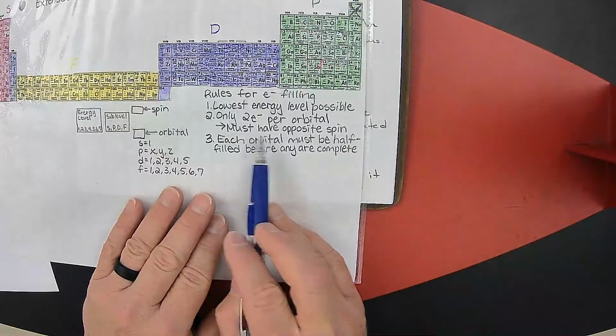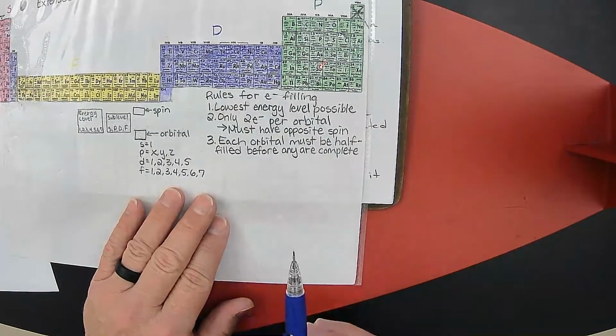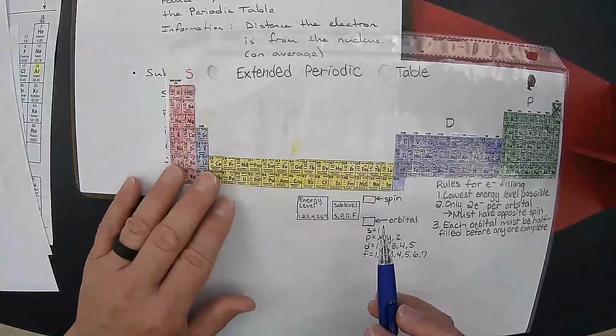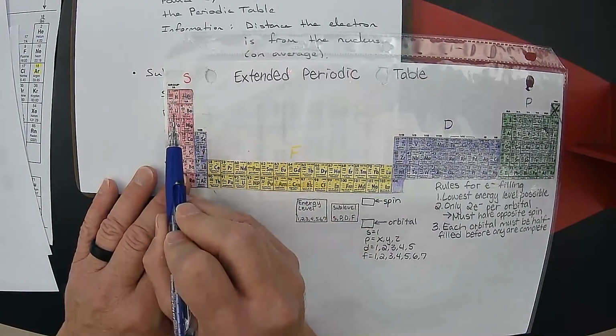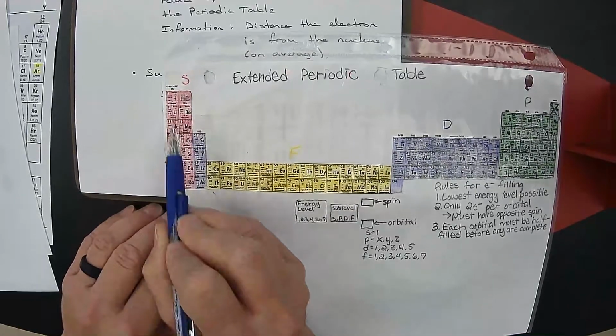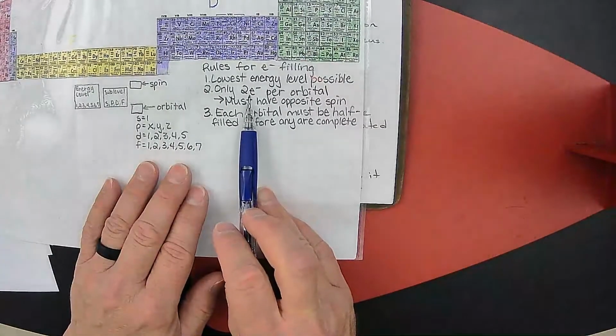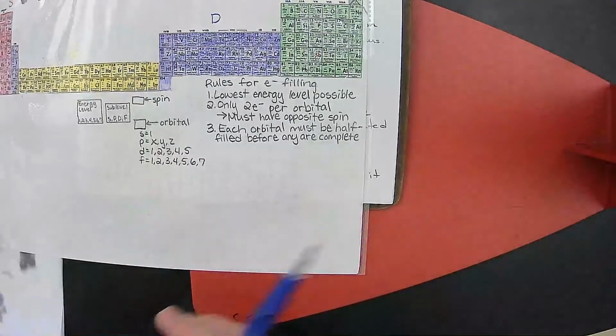One of the things that I want to point out to you is you can only have 2 electrons per orbital. So let's look at the s. As we move across the s, we count 1, 2. There's always only 2 as we go across. Since there's only 2 electrons as we go across, we're only going to need 1 orbital.